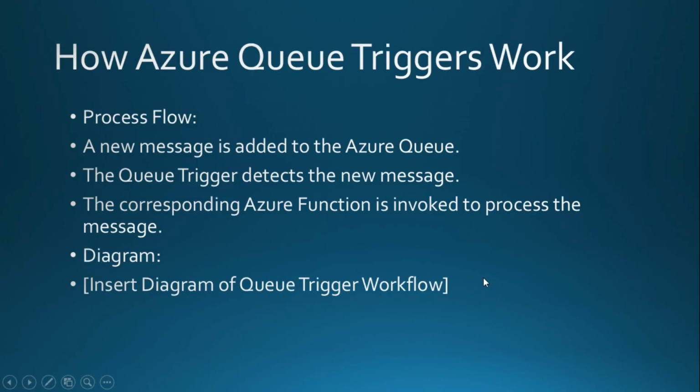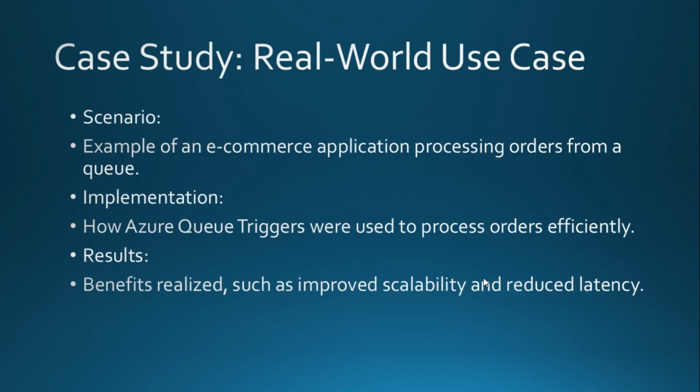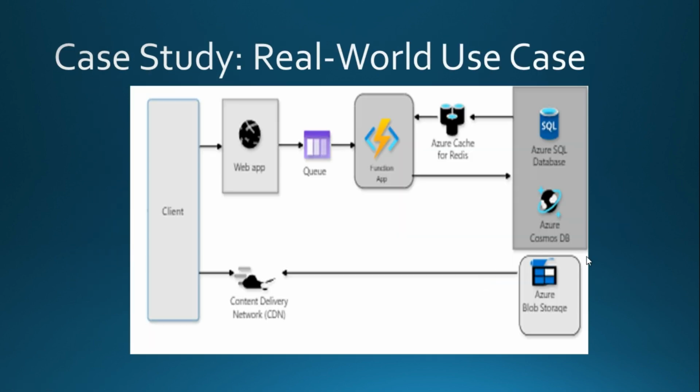Let's understand the real-time scenario where we use this. Let's consider this is the overall high-level architecture, where you have a client, a web application, a queue, and then a function app and Azure cache, and then a database.